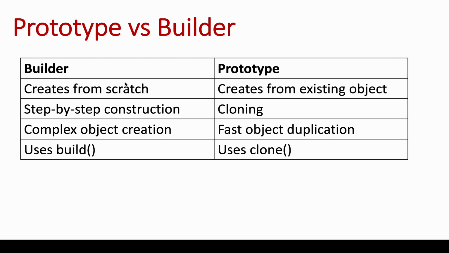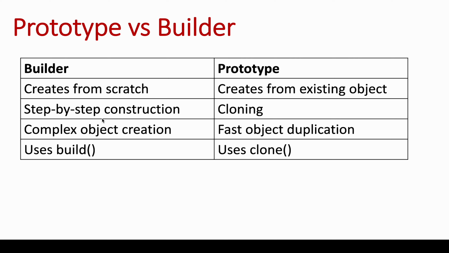We have already covered the builder design pattern. Let's have a quick comparison. Builder creates the objects from scratch, whereas here we are only copying an existing object. We are cloning. Builder is step by step construction. Prototype is cloning.